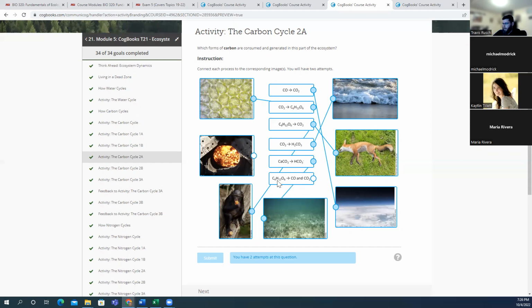We have organic carbon or glucose of some sort broken down or converted into carbon monoxide and carbon dioxide. So this one up here was just carbon dioxide, but this is both with an and, carbon dioxide and carbon monoxide.